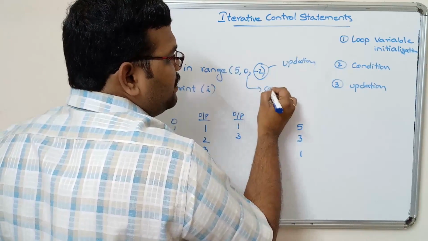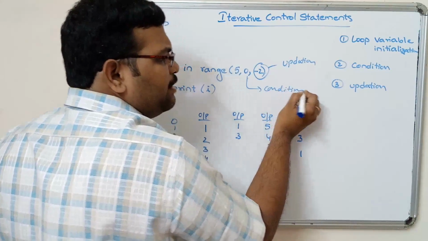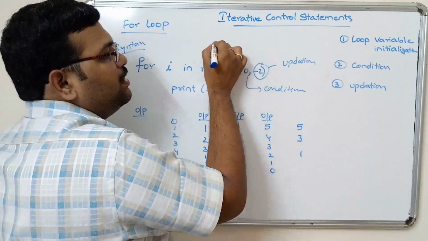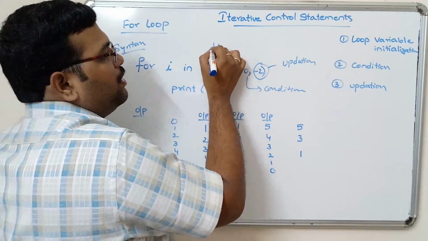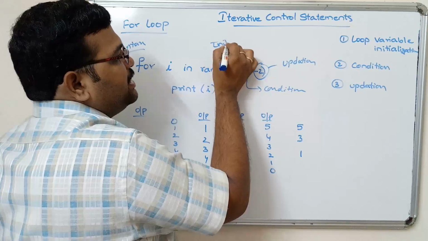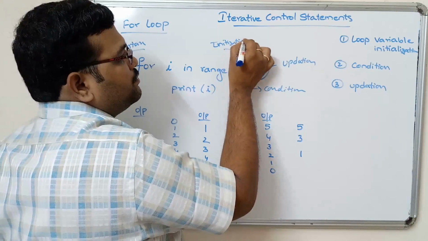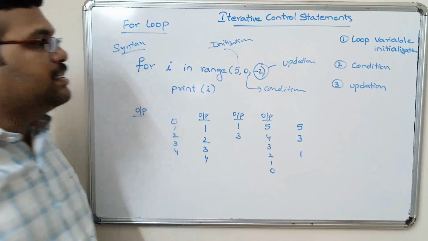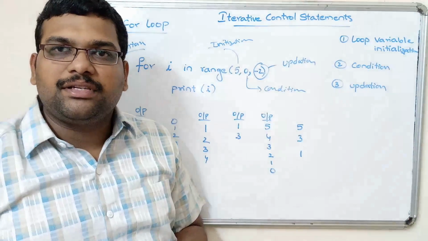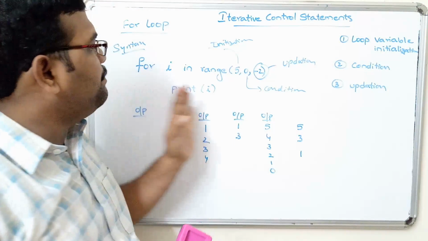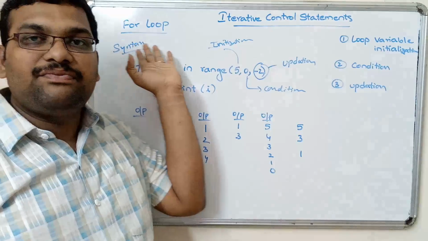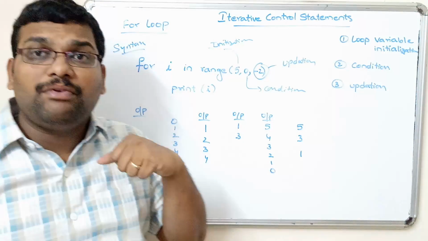This implies the condition. That means the range is nothing but a condition. This is the initialization. Right? Start, stop and difference. So this is a simple example for using this for loop. It's very simple when compared to our C language.